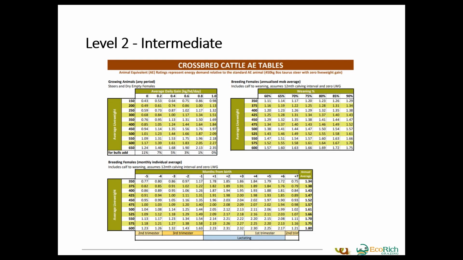So it averages out for those that are reproducing and those that aren't to give a rating there on an annualised basis. And then the bottom table shows the female through pregnancy and lactation in terms of what her AE rating is.